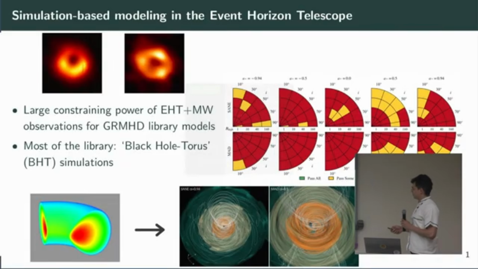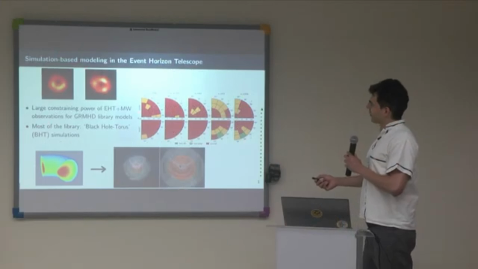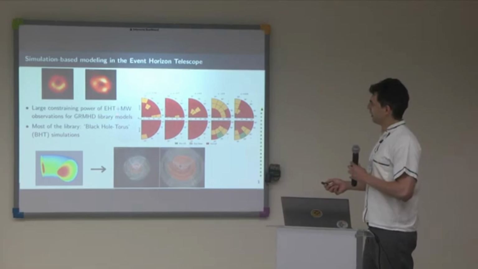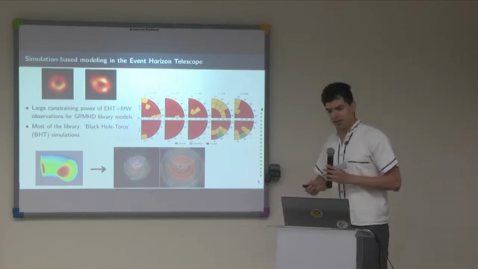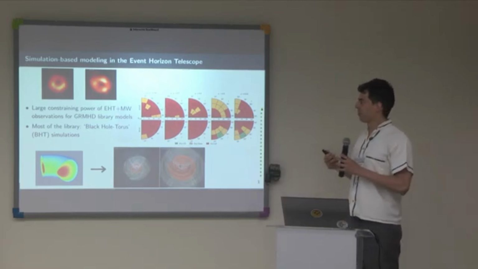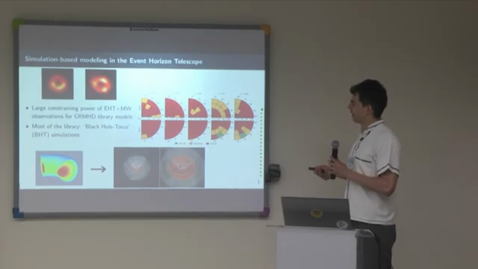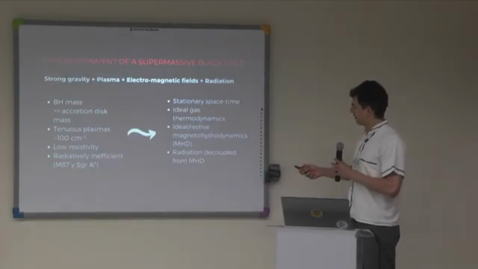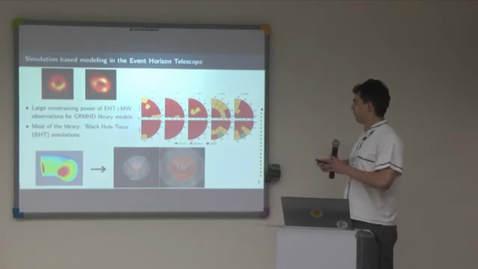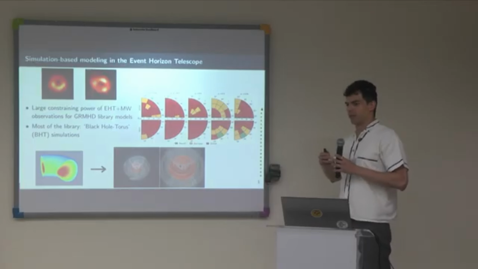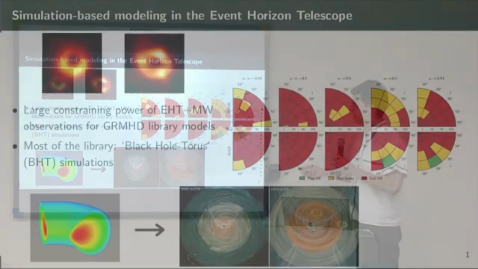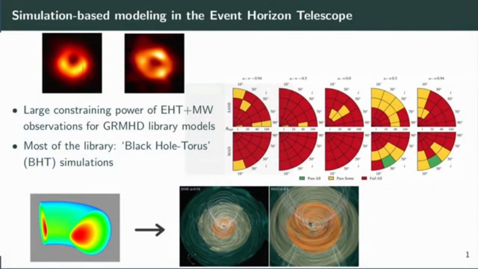So, as I was mentioning, these comparisons with the library of simulated observations have already provided very constraining results. This library of simulations already possesses a large constraining power by combining the EHT observations with multi-wavelength data.